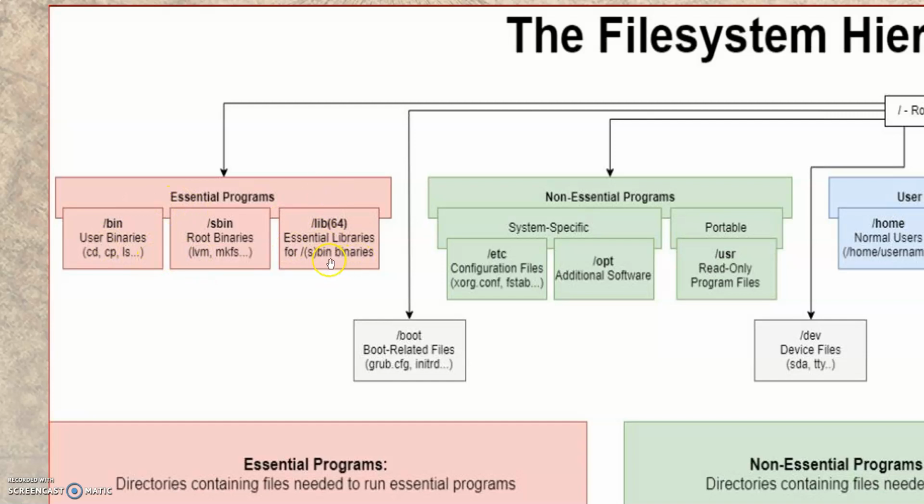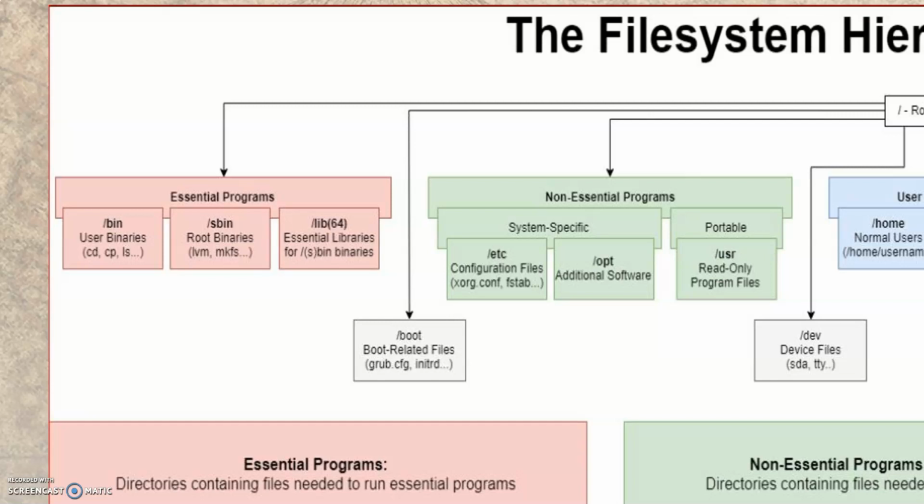All the library essentials are stored here. These are essential programs, and some could be non-essential, though it is called non-essential, from a system working perspective it is all required.